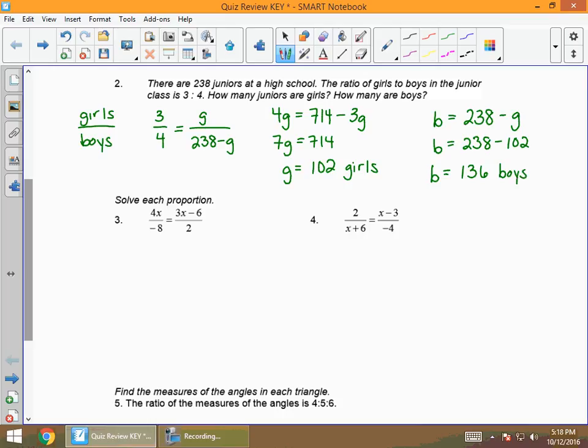So in that problem, I will have 102 girls, 136 boys. The girl to boy ratio is 3 to 4. There are fewer girls than there are boys, and the ratio told me that at the beginning.